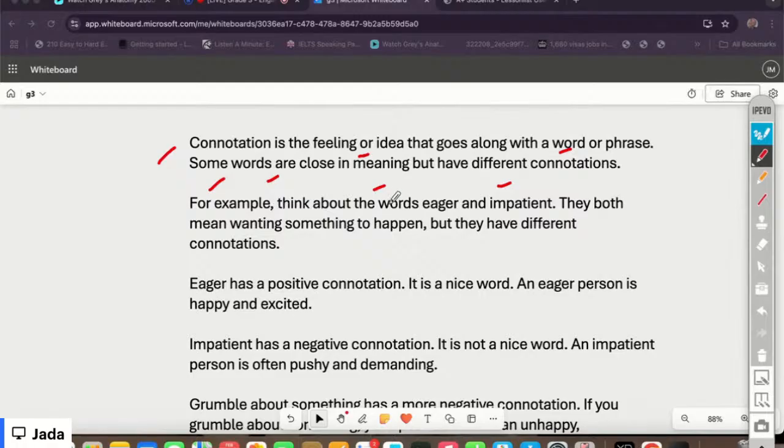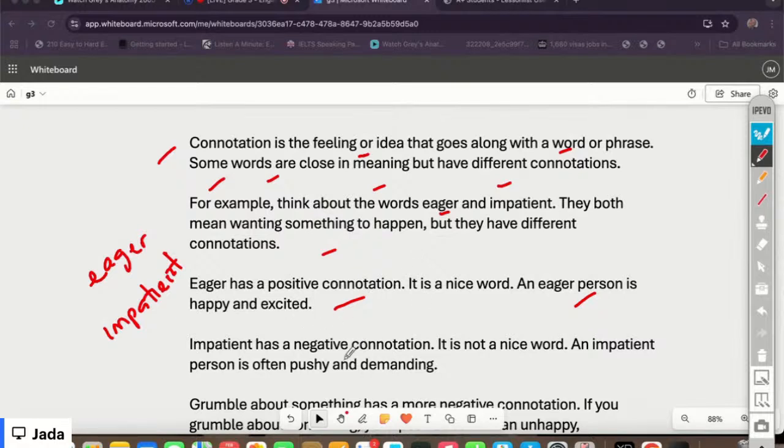For example, think about the word eager and impatient. They both mean wanting something to happen, but they have different connotations. Eager is a positive connotation because it is a nice word. An eager person is happy and excited, while an impatient person is negative.